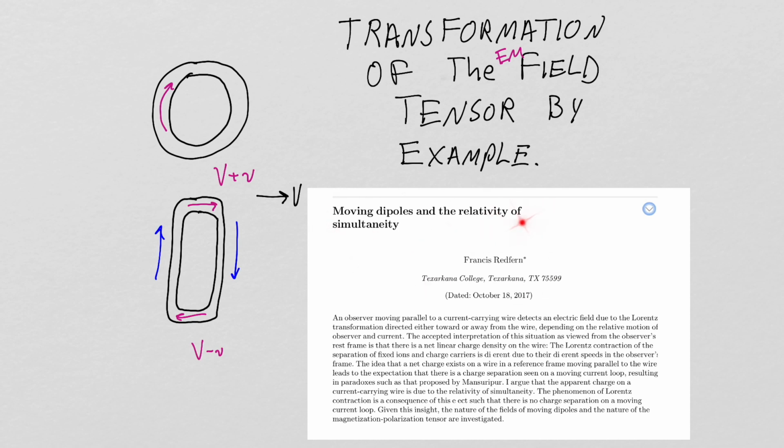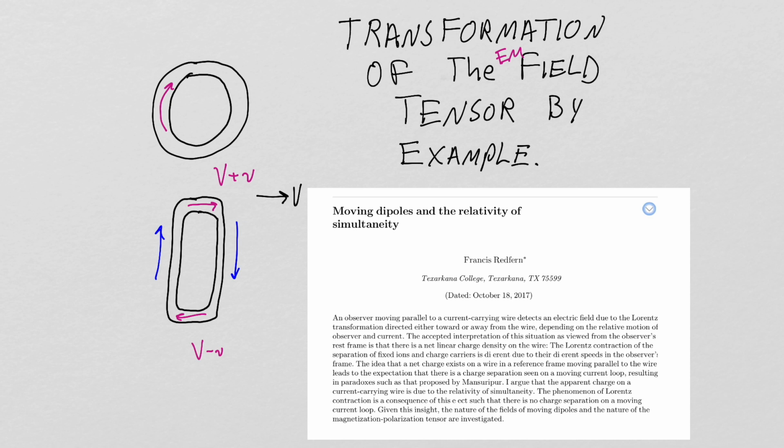Now, there's a lot in this paper by Mr. Redfern that is fascinating. It covers a lot of the stuff we talked about, especially when we did our paradoxes. The notion of simultaneity is a real trick, and it will catch you by surprise if you're really into the subject.